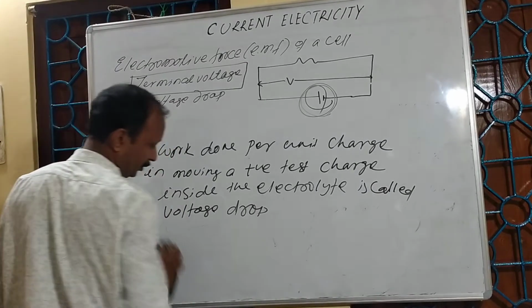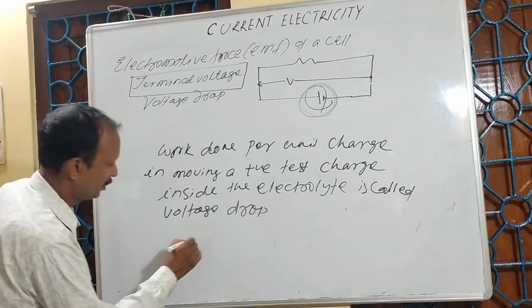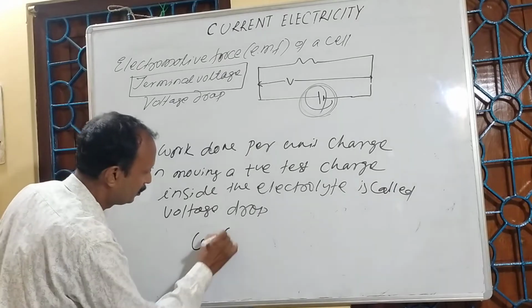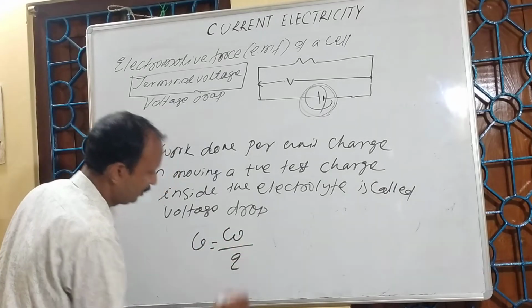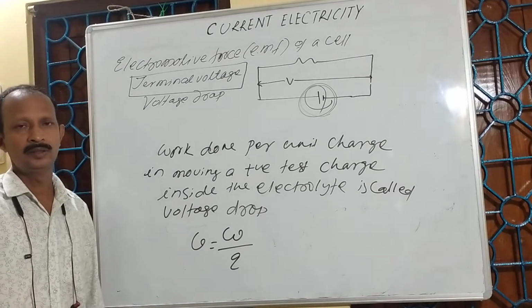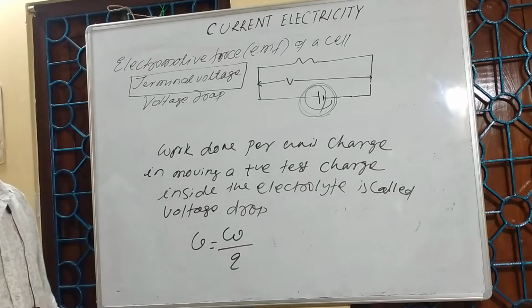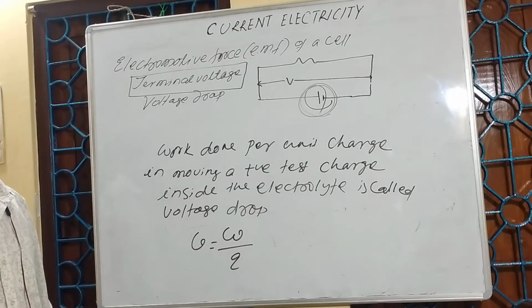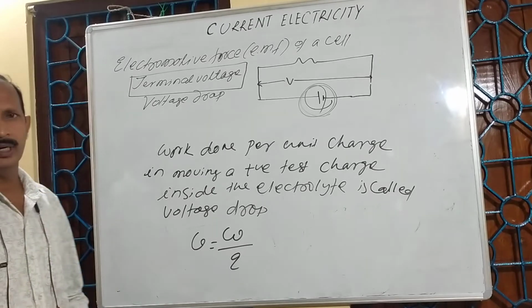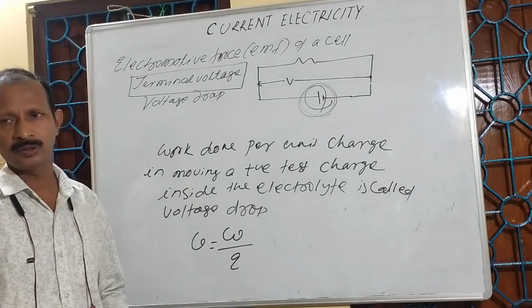Mathematically I can write that v equal to w by q. I used small v, small w here just to differentiate it from potential difference or the electromotive force.